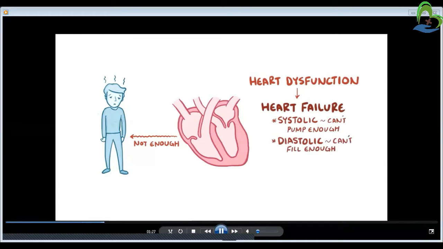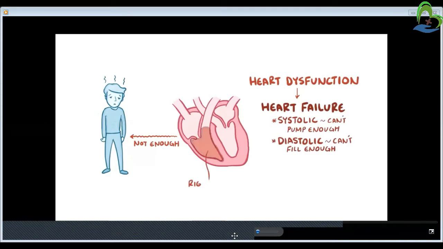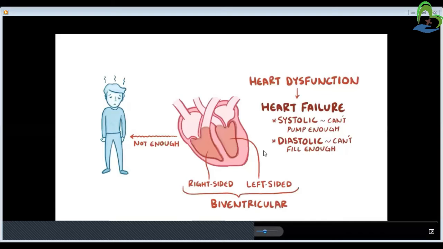So if filling is not enough and pumping is not enough, the body is not getting enough blood supply. The ventricles are not able to eject enough blood. It might be right sided failure or left sided failure or both. In some patients it is both right sided and left sided failure, which is also called biventricular failure.